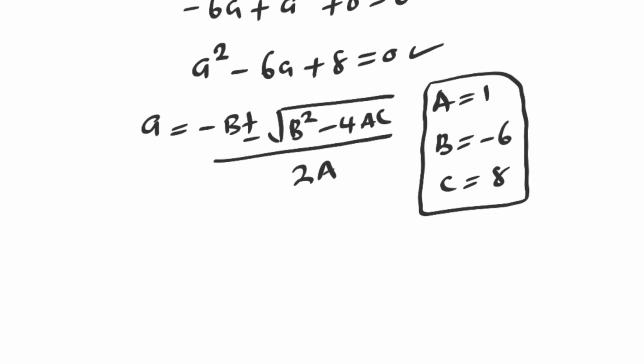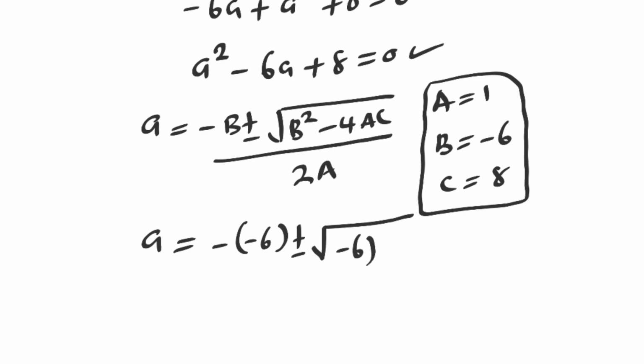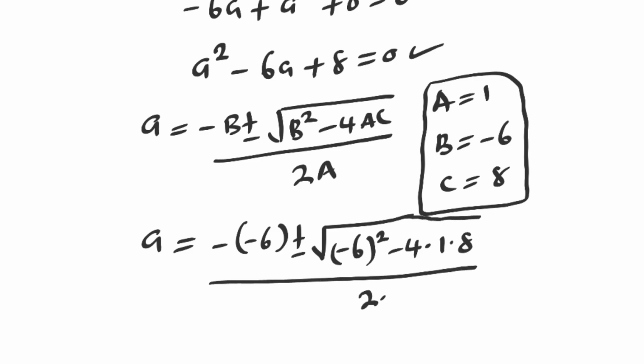Then here we have a is equal to minus bracket minus 6 plus or minus square root of minus 6 squared minus 4 multiplied by 1 multiplied by 8, over 2 multiplied by 1.